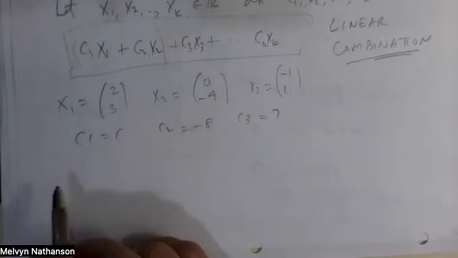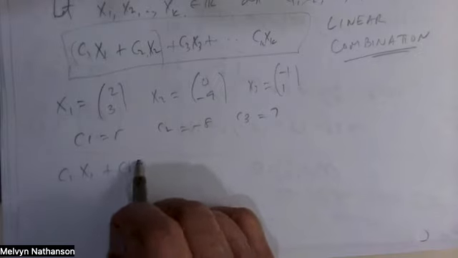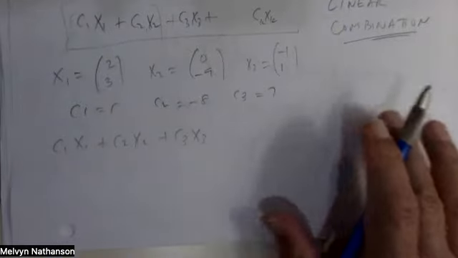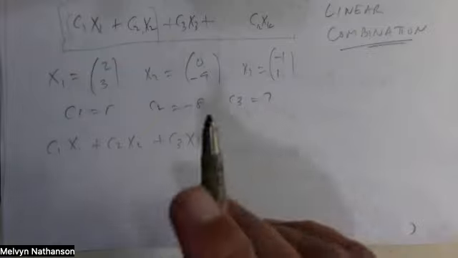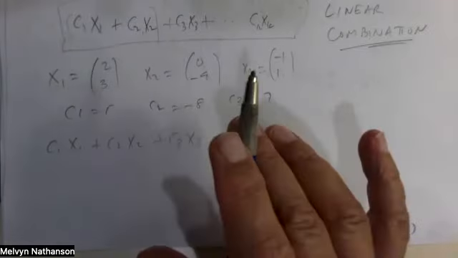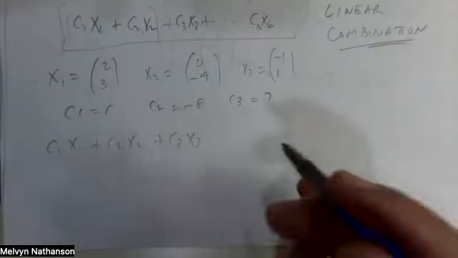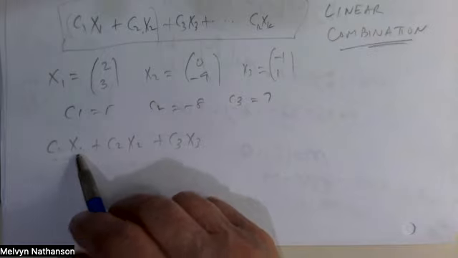What is the linear combination c1 x1 plus c2 x2 plus c3 x3? So this is really just elementary arithmetic with vectors. You have to learn how to do this quickly and correctly, and just do a lot of examples and you'll acquire the technique. So what is c1 x1?